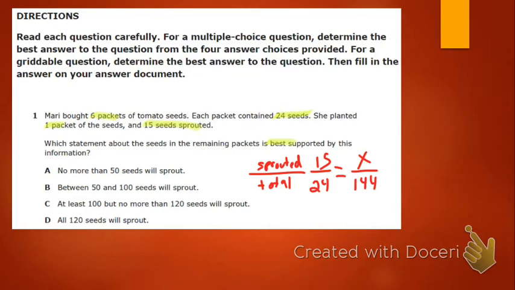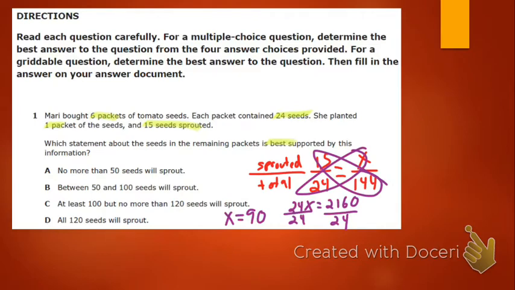You could divide by 3, so you would have smaller numbers to work with, which would decrease the chances of error. Anyways, when y'all cross multiply, this is what you get, which means that we would have approximately 90 seeds that would sprout. So our answer there would be letter B.